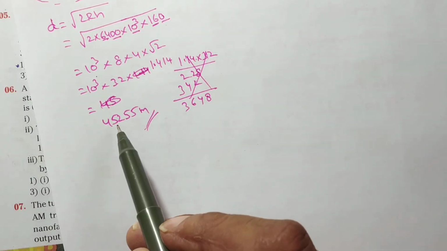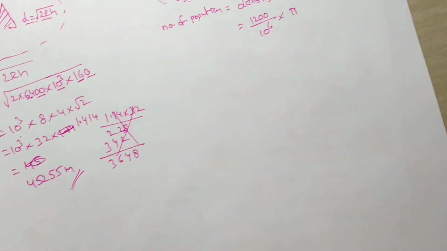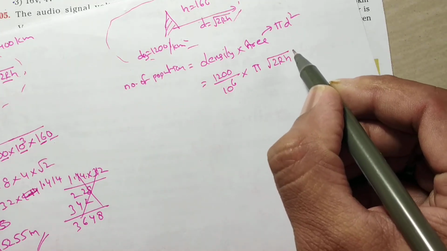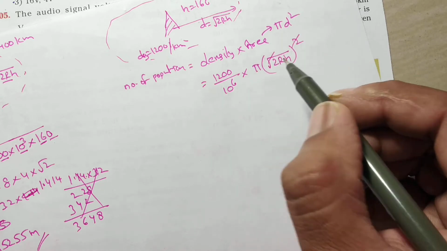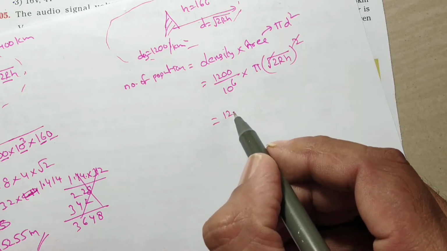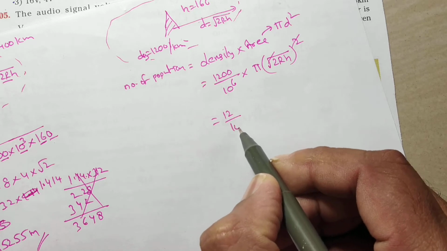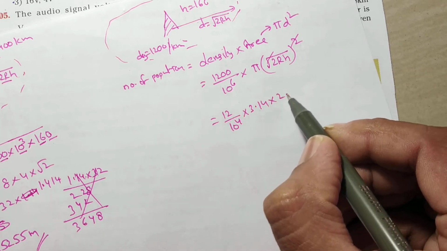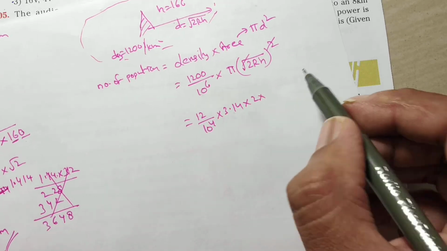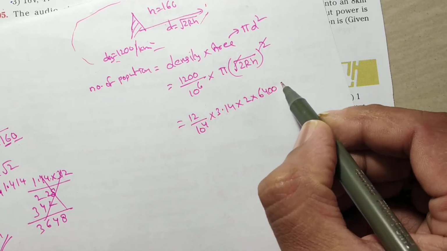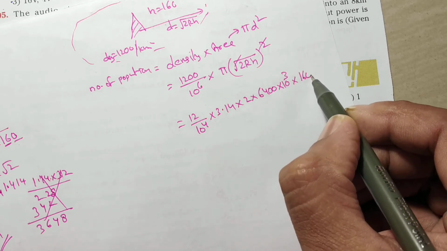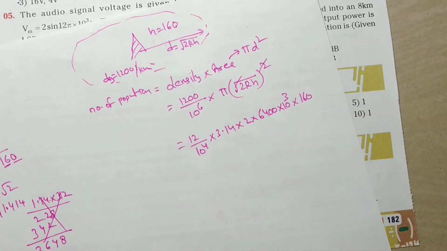We already got the 2RH value as 45255. Square root of 2RH whole square, the square root gets cancelled. That means 1200 divided by 10 to the power of 4. Pi means 3.14, into 2 into R, radius of the earth, 6400 kilometer, 10 to the power of 3, into H is 160.